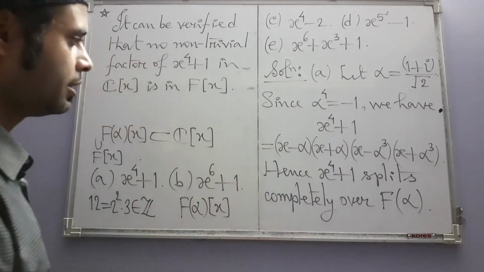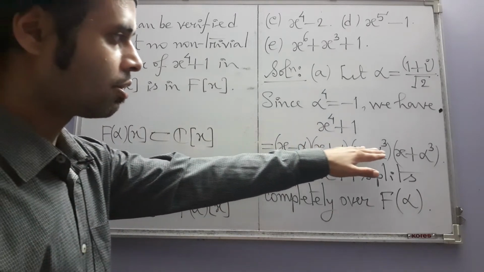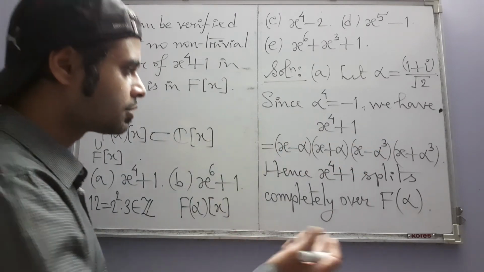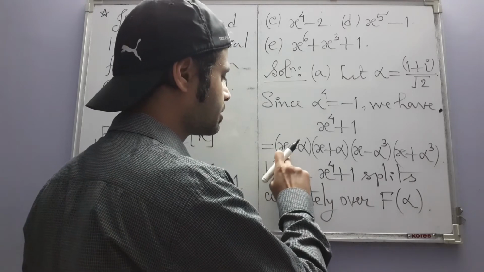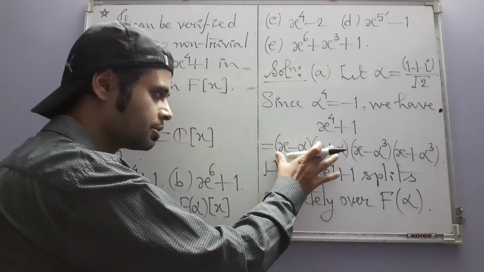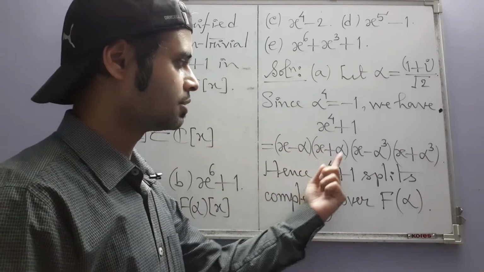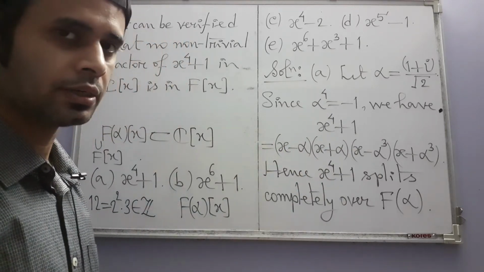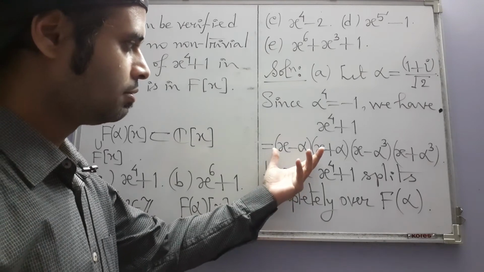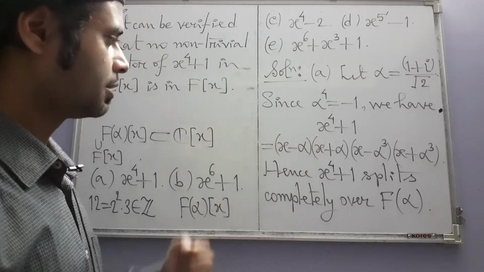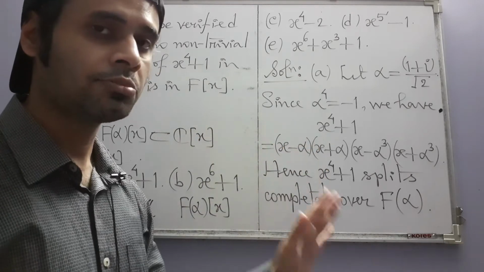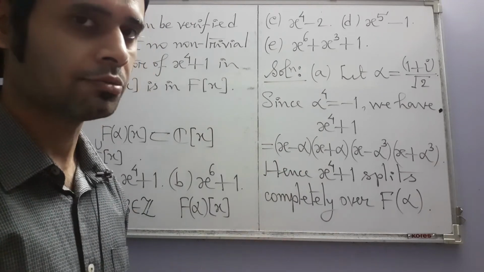So what we are saying is that none of such non-trivial factors, say another non-trivial factor is x square minus alpha square, which is this times this, and yet another one is this times this times this. None of them is in F[x], that is, none of them is a polynomial with rational coefficients. This one can verify.